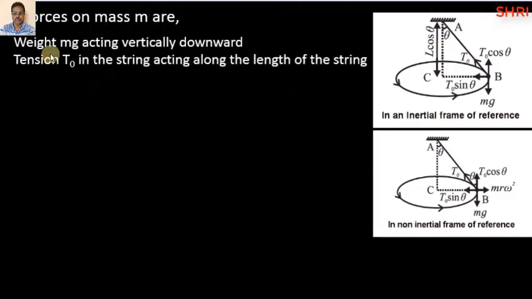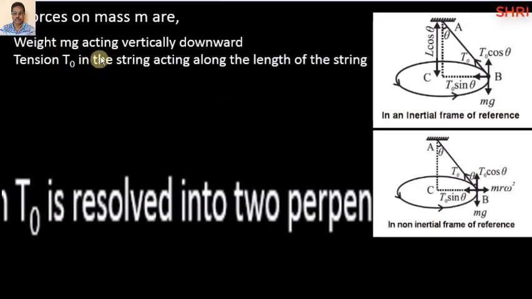Number one, weight mg acting vertically downward. Number two, tension T0 in the string acting along the length of the string, towards the point of suspension.